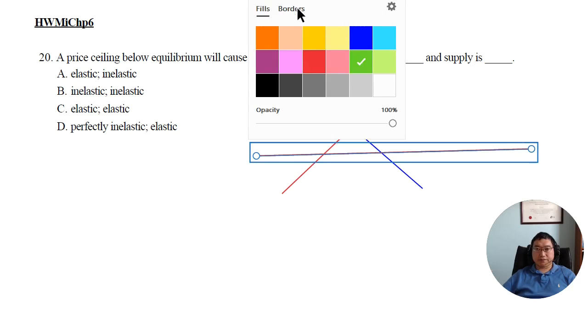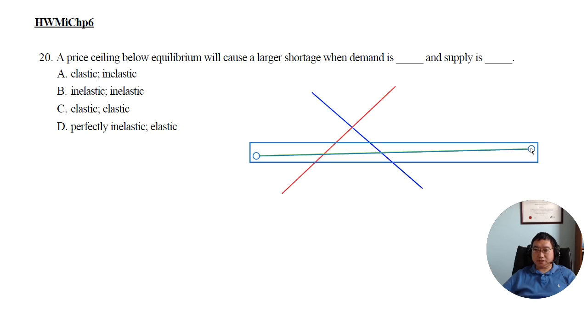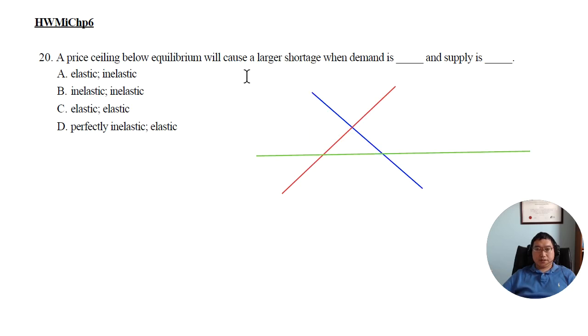Again, I want a different color, maybe a green one. So that is the price ceiling, which will cause a larger shortage. Where is the shortage? It is this area.